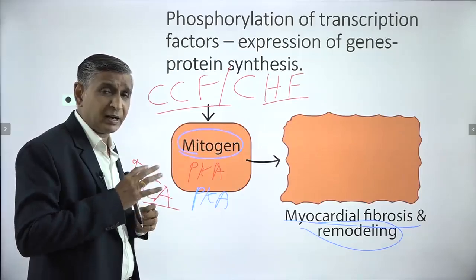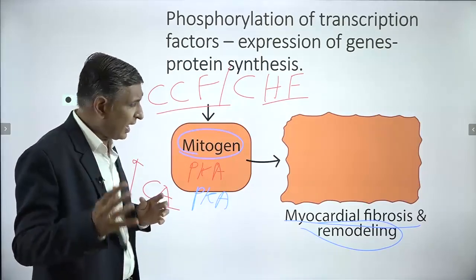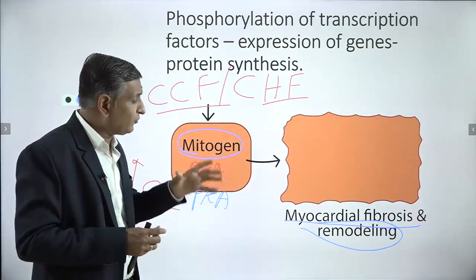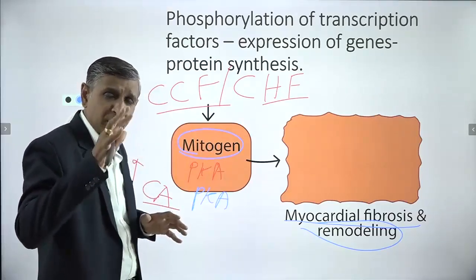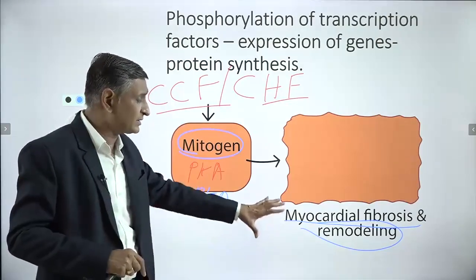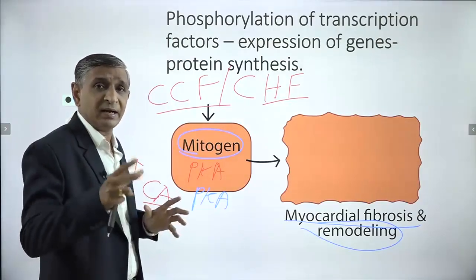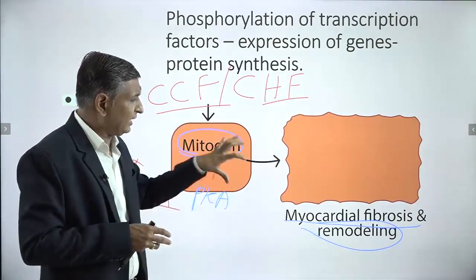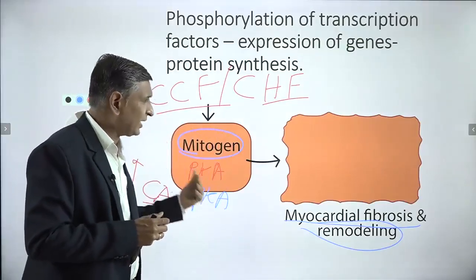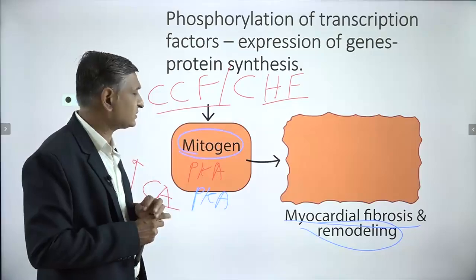And adrenaline in the patients of CCF can lead to myocardial fibrosis and remodeling. And if you want to prevent it, if you want to reduce that possibility, one should use beta blockers in the patients of CCF, and that is what I can say is the clinical application of this understanding of how GPCR works.